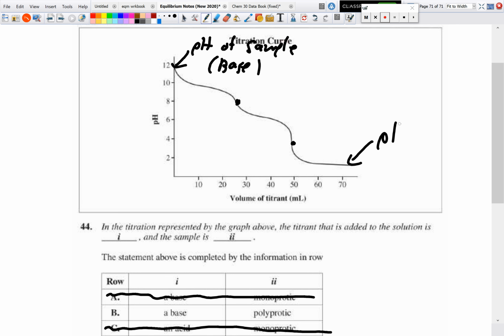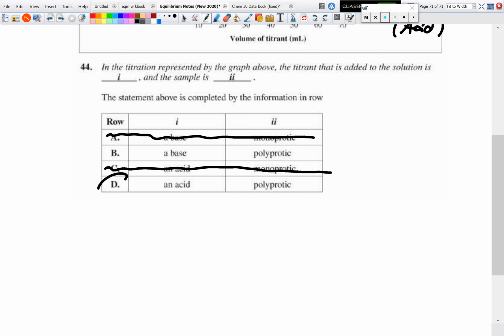This is the pH of our titrant. And when we looked at here, pH is below 7, so we can tell it is an acid. So that means our answer is D.